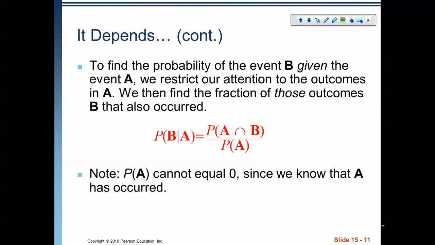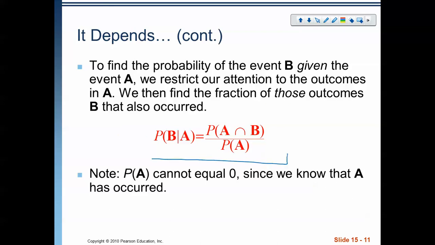We'll get through the formula first. So to find the probability of event B given the event A, we're going to restrict our attention to the outcomes in A, meaning we only really want to look at A. Okay, we want to see what's happening in A. We then find the fraction of those outcomes, B, that also occurred.